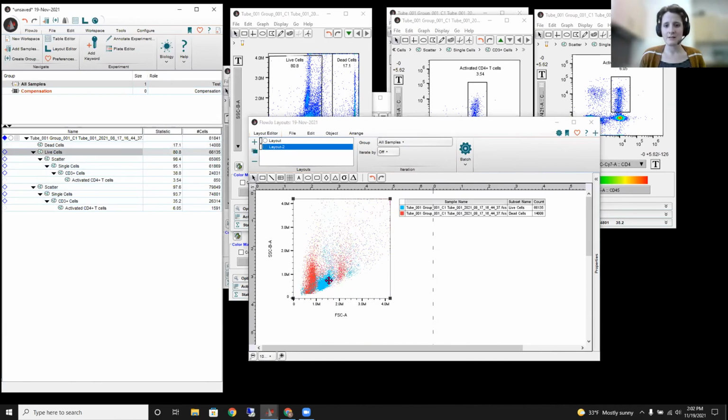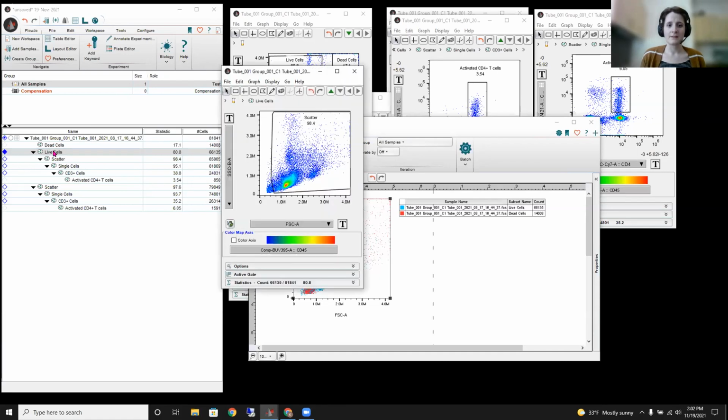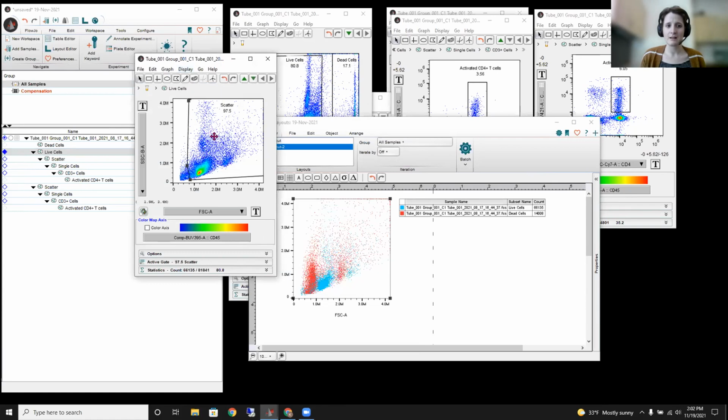What you can see is, when we look at the live cells, which are in blue, and the dead cells, which are in red, there's no way for us to pull out 100% of what our live cells are if we were to just put a live cell or a scatter gate on our population, because we have cells in this gate that are all over the place as far as scatter goes.